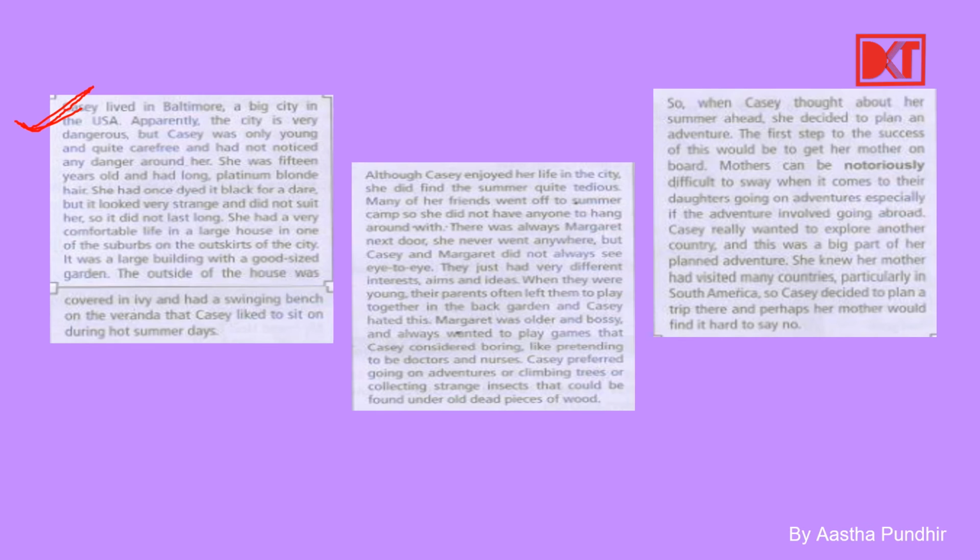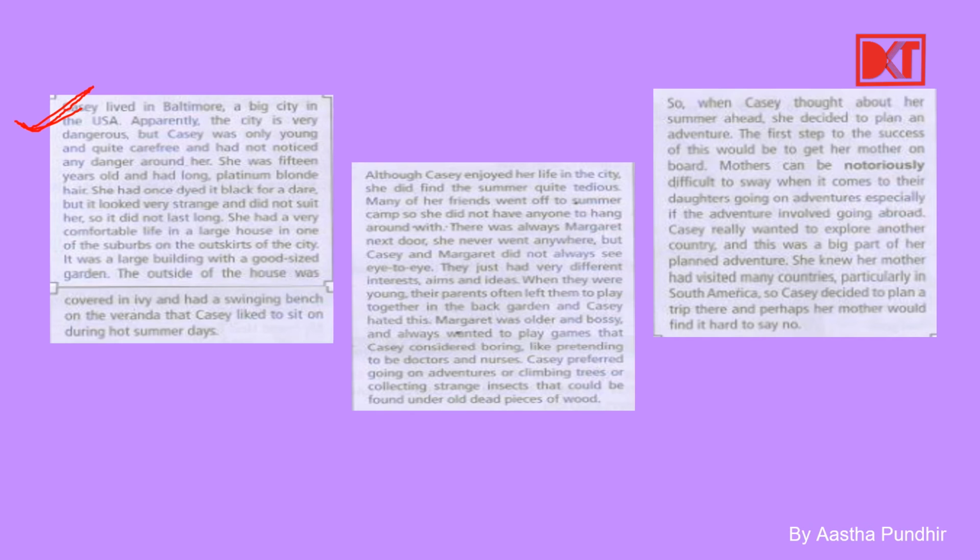Okay, then, although Casey enjoyed her life in the city, she did find the summer quite tedious. Many of her friends went off to summer camp, so she did not have anyone to hang around with. There was always Margaret next door. She never went anywhere. But Casey and Margaret did not always see eye to eye. They just had very different interests, aims, and ideas.